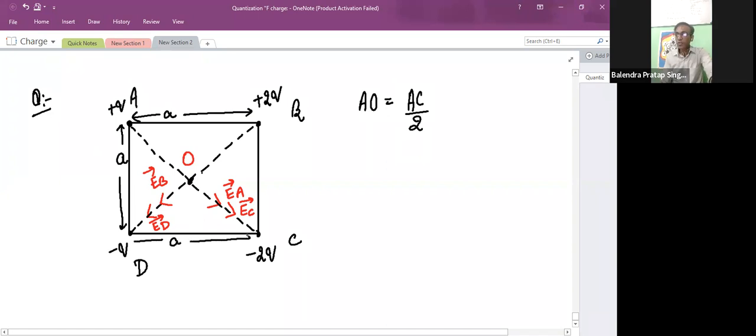We will use Pythagoras. Pythagoras says that AC is the square root of DC square plus AD square. Is it clear? So AO is 1/2 square root of AD square plus DC square, both are A square, so 1/2 square root of A square plus A square.